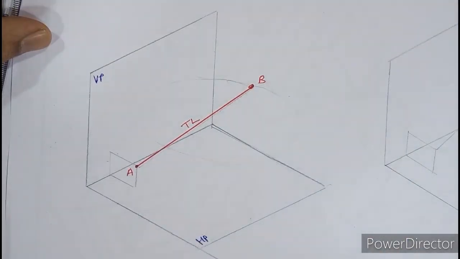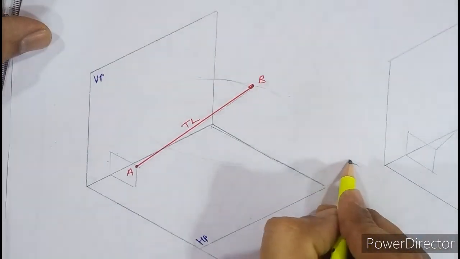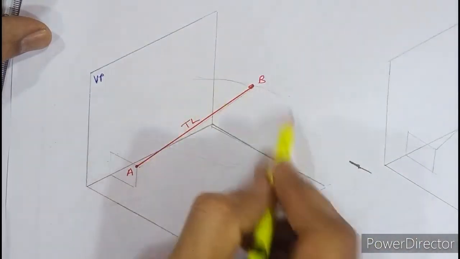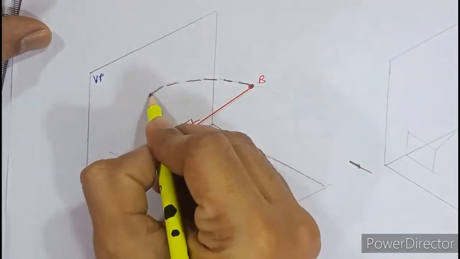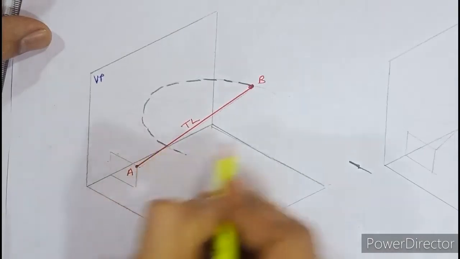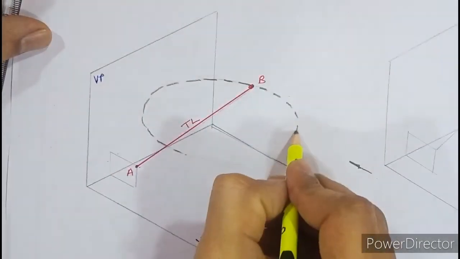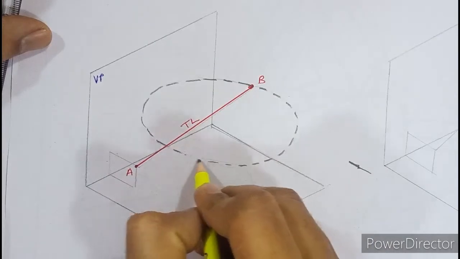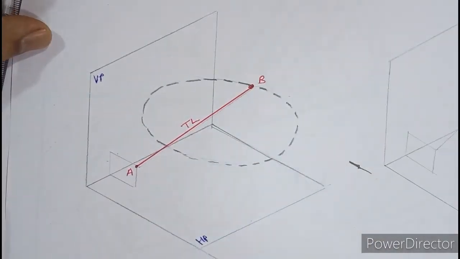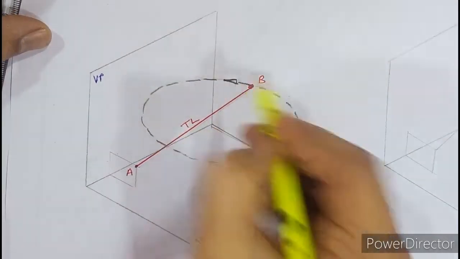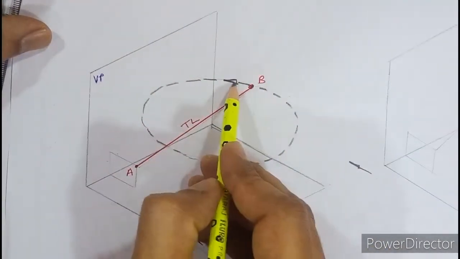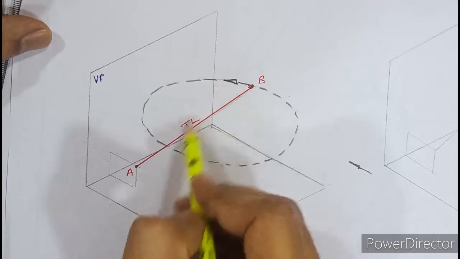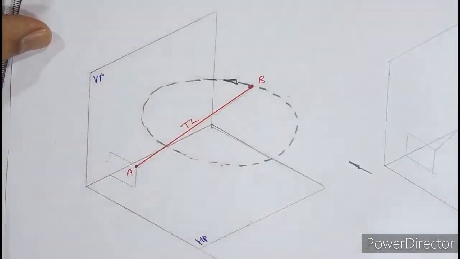So as I told you, if I want to see true length from the front view, you need to rotate B. So if you carefully observe, the point of rotation of B is somewhat like this. If you look in 3D, it will look like an ellipse, isn't it? So point B will rotate like this. But you are not supposed to rotate fully in a circle. You need to rotate the point B only till the line AB becomes parallel with VP.